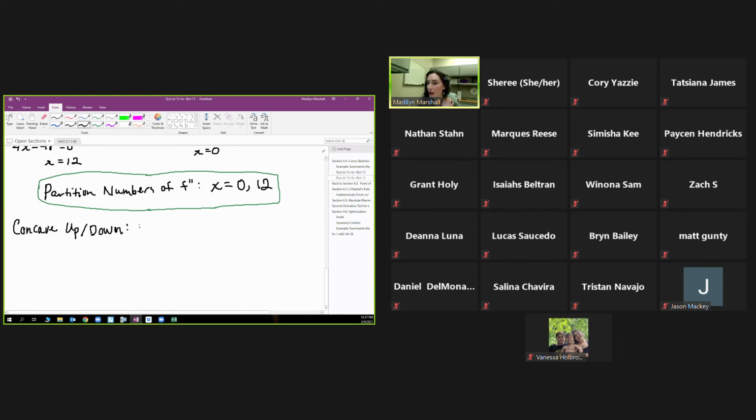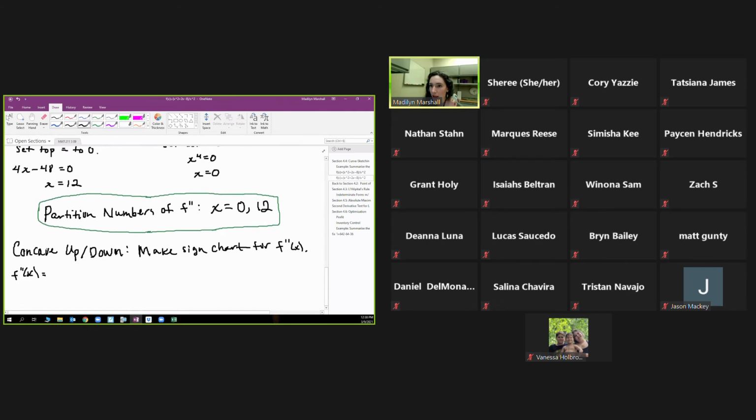But this time we're making a sign chart for f double prime, and I'm just going to write f double prime here. It was 4x minus 48 over x to the fourth.